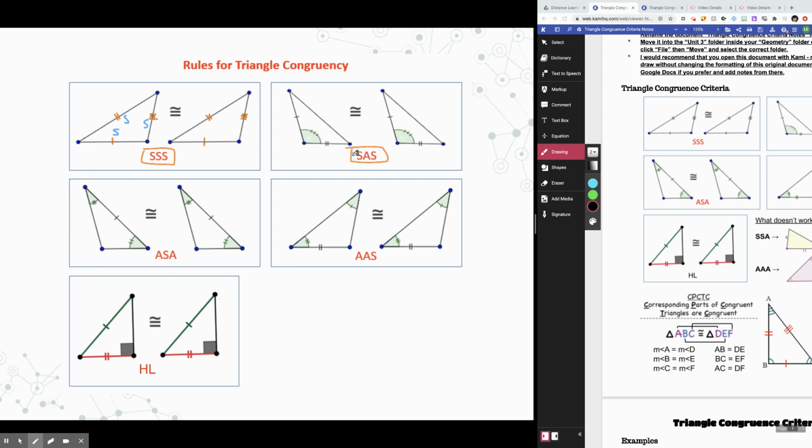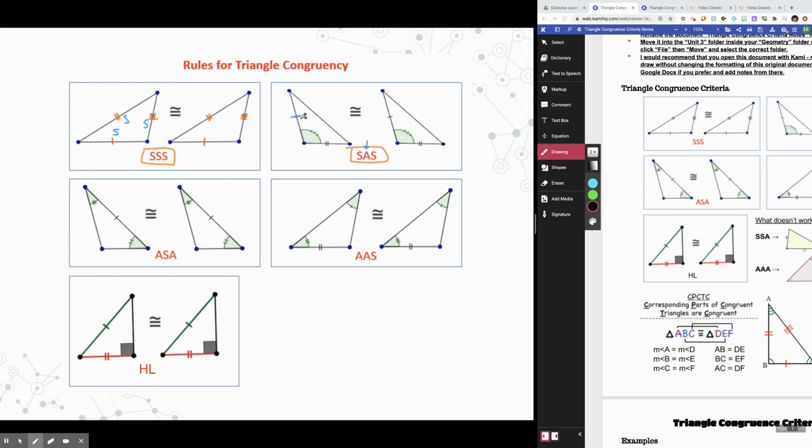Okay, side, angle, side is probably the next easiest one to pick out because it's the only one that has just one angle, okay? It's very important, though, that that angle lies between the 2 sides that you know. So it has to be trapped between the 2 sides.